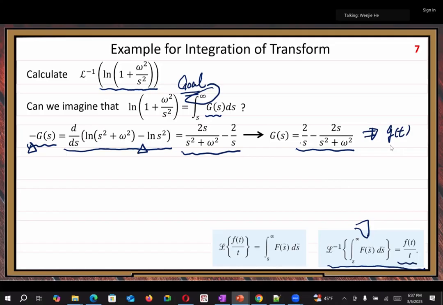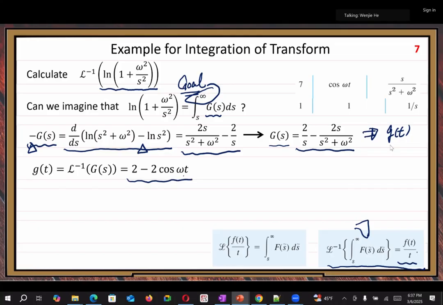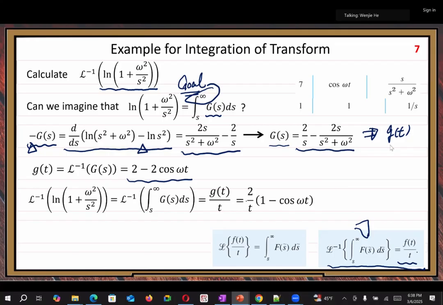So you need to find the inverse Laplace transform of this capital G. Then we can see it quickly with two basic formulas: the first basic formula, 1, and the second, cosine of omega t. Then the inverse is little g equals 2 minus 2 times cosine omega t. Then the last step is divide by t, little g over t.